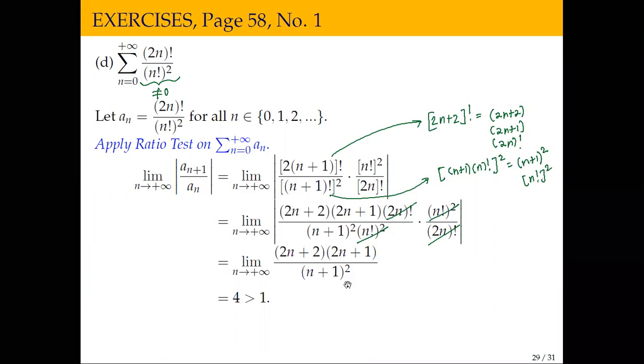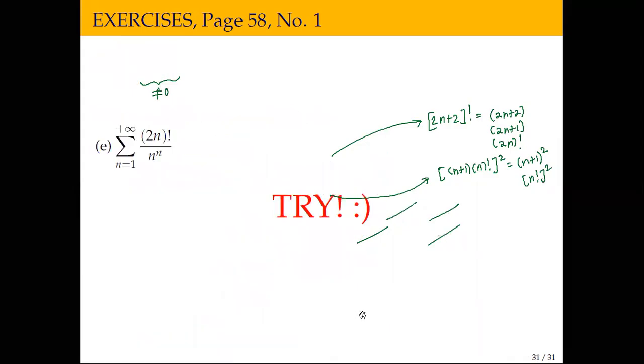We know that 4 is greater than 1. Therefore, by the ratio test, we say that this infinite series diverges. Again, since 4 is greater than 1, this limit is greater than 1, we say that this infinite series diverges. So this is your conclusion for letter D.